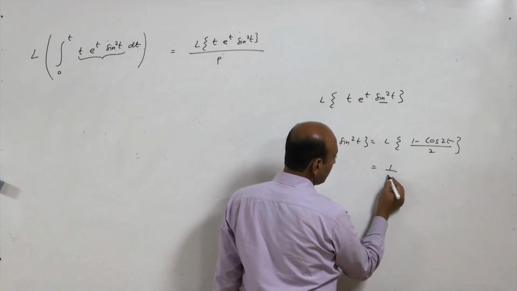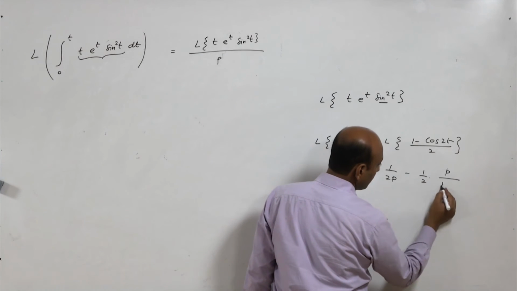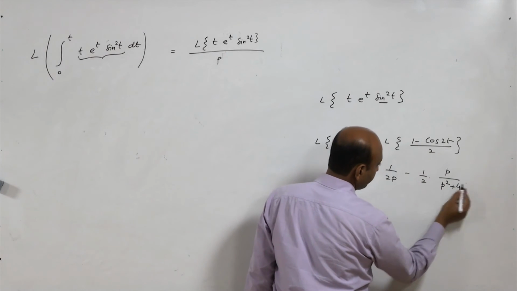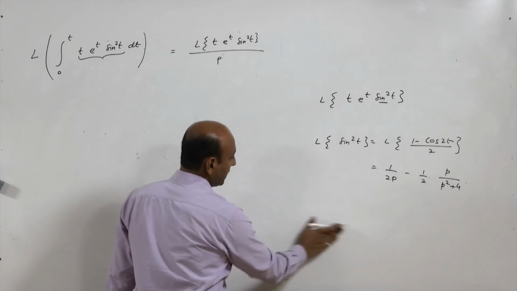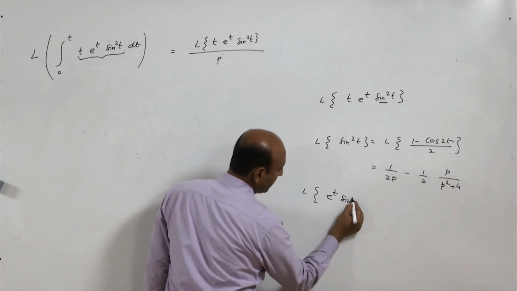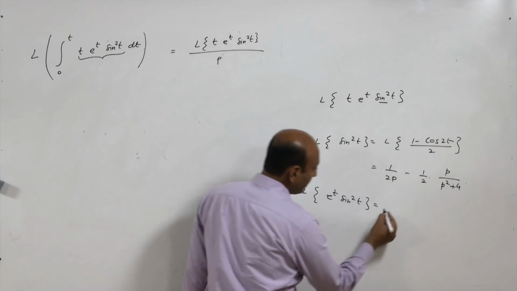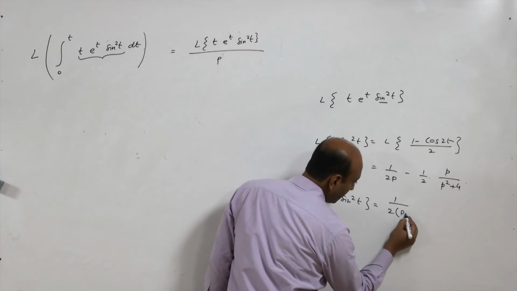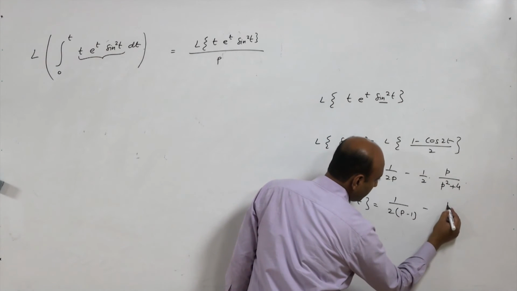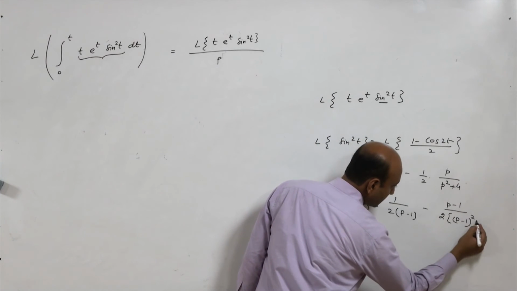So, it is 1 by 2p minus 1 by 2 into p upon p square plus 4. And Laplace of e to the power t sin square t will be nothing but, you replace p by p minus 1 using shifting property. So, 2 upon p minus 1 minus (p minus 1) upon 2 into (p minus 1) whole square plus 4.